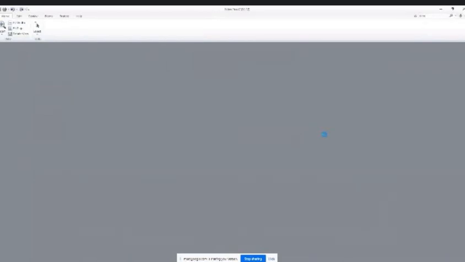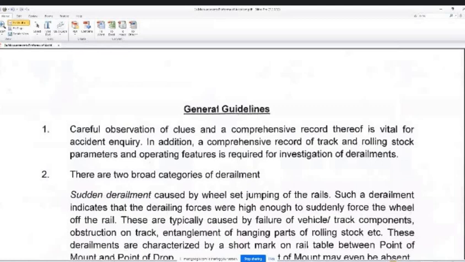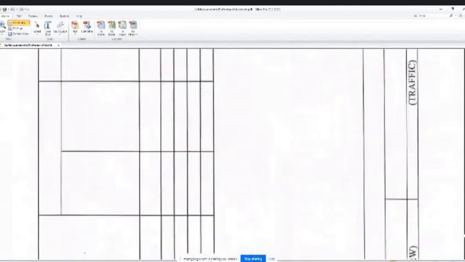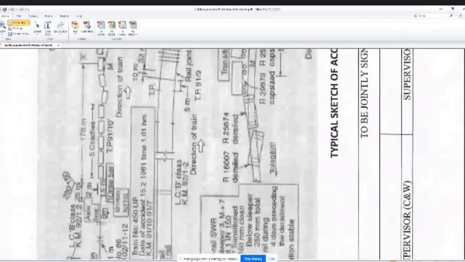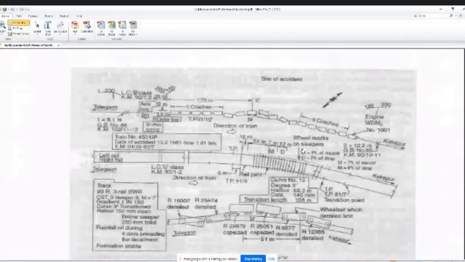Just wait a minute. Are you able to see this sketch, all of you?